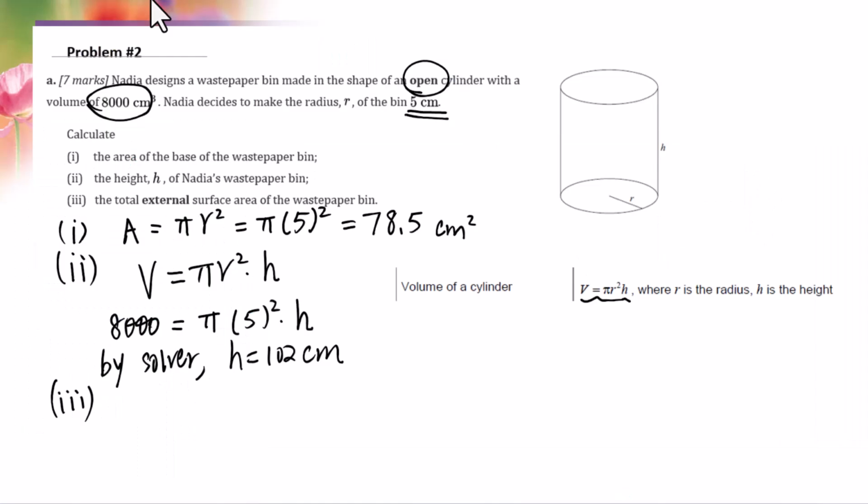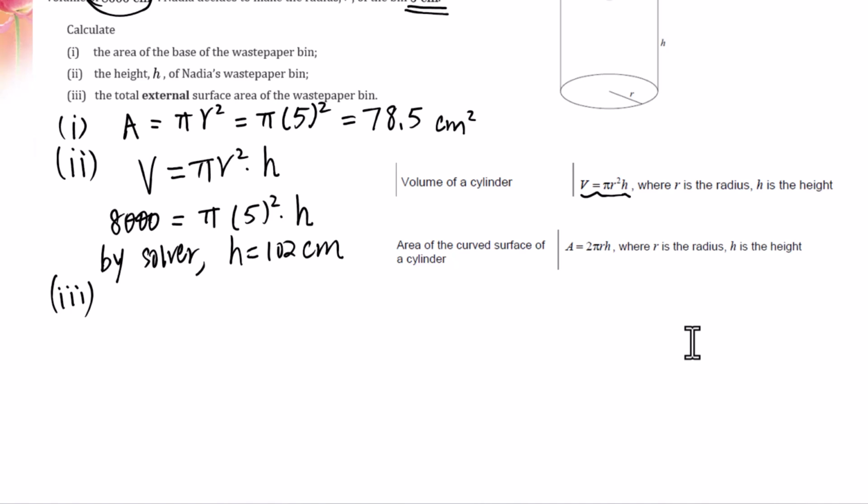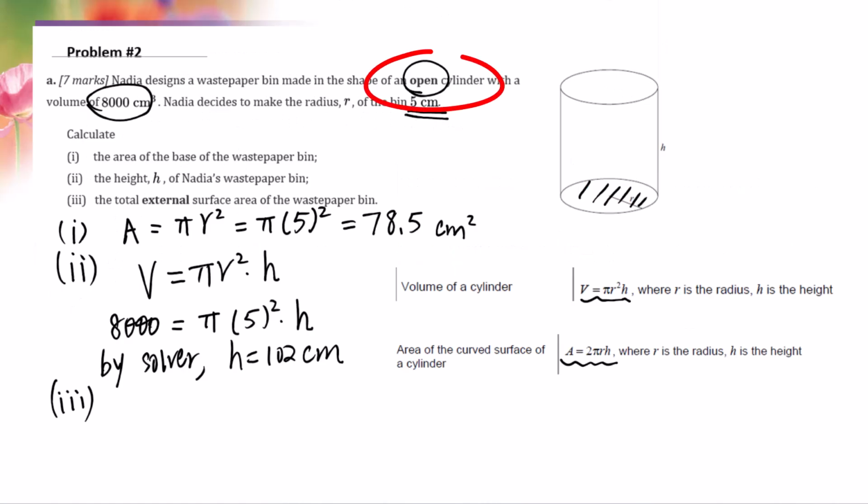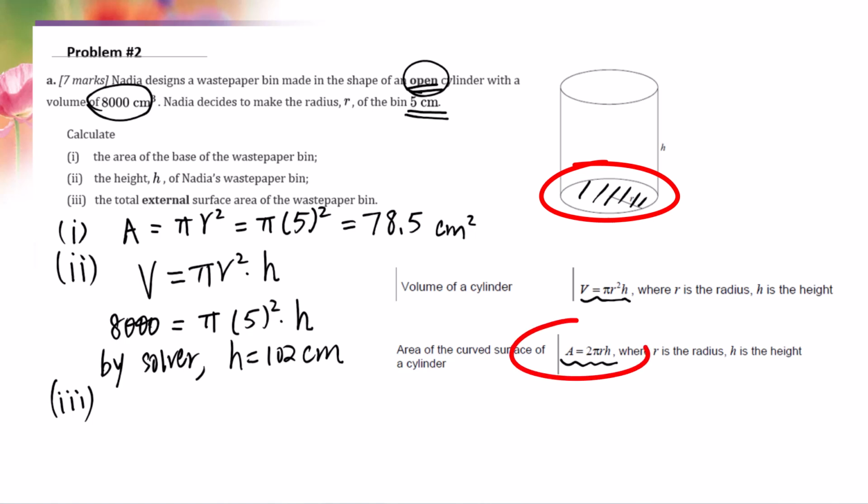A3. The total external surface area of the waste paper bin. Here is the formula given in the booklet. Area of the curved surface of a cylinder. Since this cylinder is open, we only need to add the bottom surface area to this curved surface area of this cylinder.